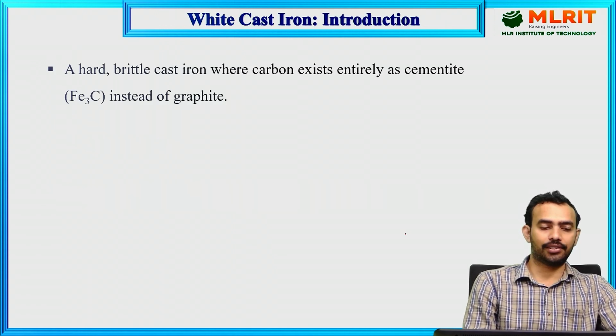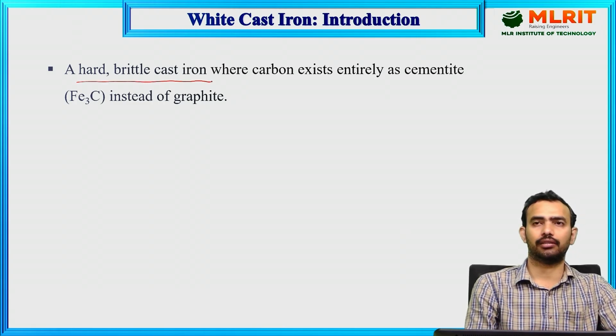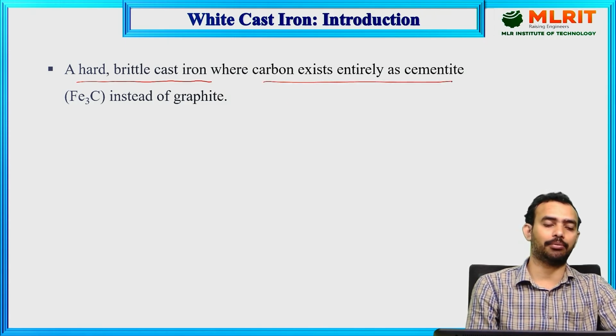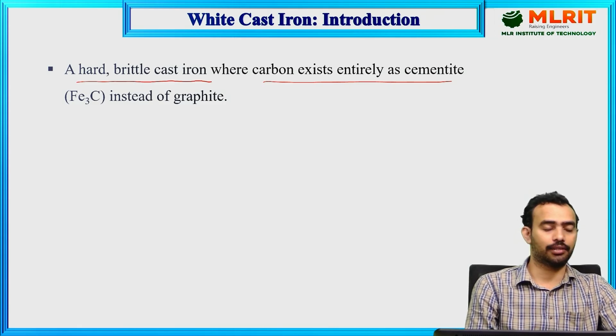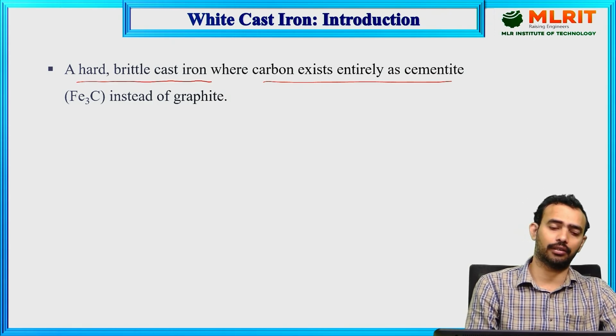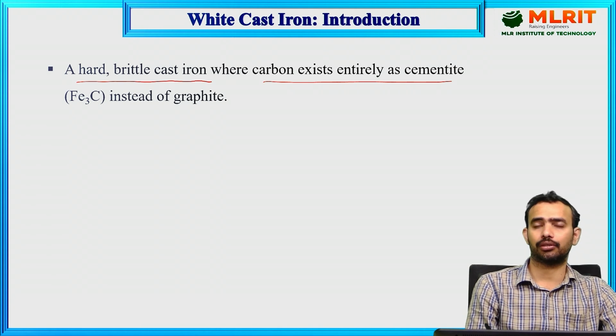So white cast iron is a hard, brittle cast iron where carbon exists entirely as cementite instead of graphite. As just now discussed, grey cast iron comprised of graphite, and ductile cast iron is also having graphite, which is basically coming from the decomposition of cementite.